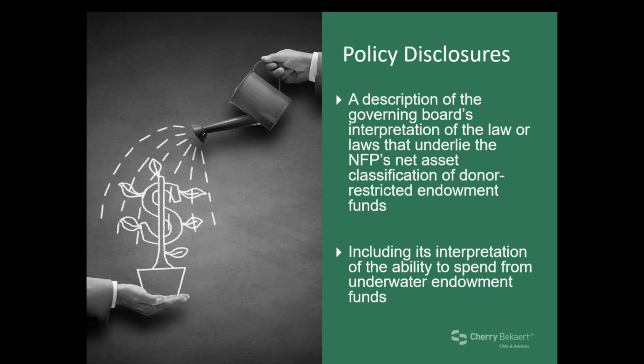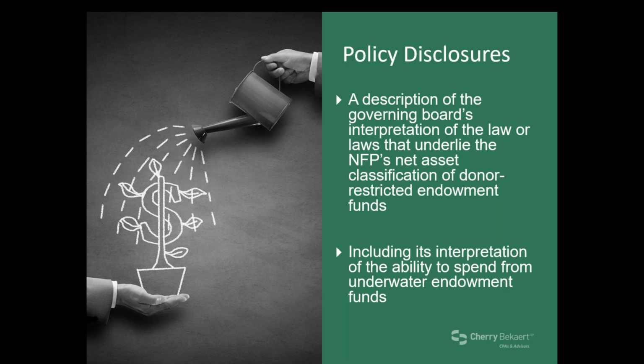And then you'll also need a description of the governing board's interpretation of the law or laws that underlie the not-for-profit's net asset classification of donor-restricted endowment funds, including its interpretation of the ability to spend from underwater endowments.